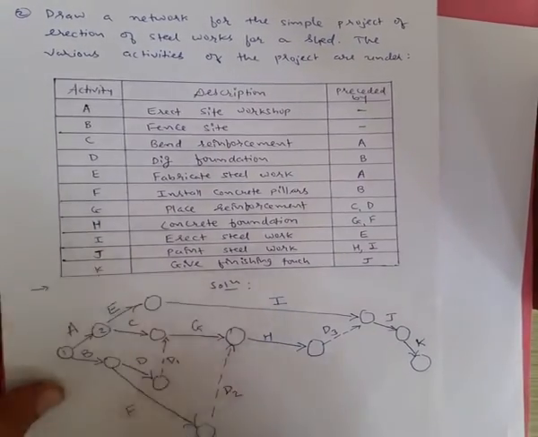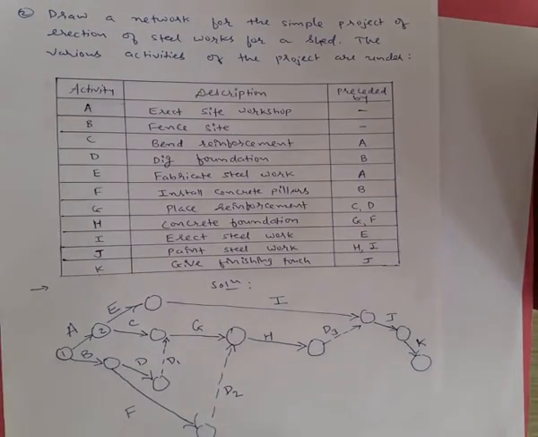Each activity has one tail and one head. So tail will always have a lower number and head will always have the higher number, but numbering can be done randomly. One thing you should keep in mind, an activity's tail will have the lower number and its head will have the higher number. That's it. About the numbering, that thing you should keep in mind.